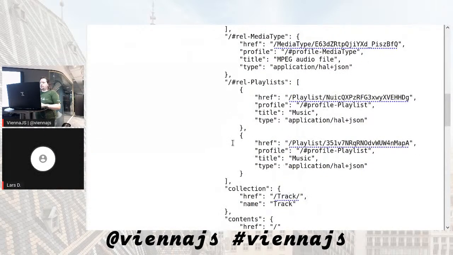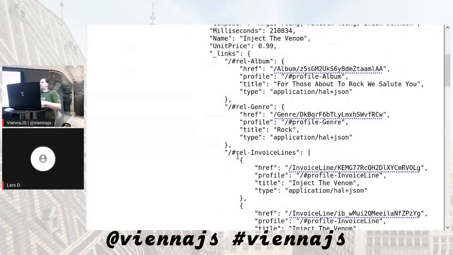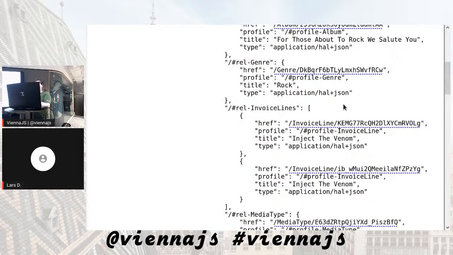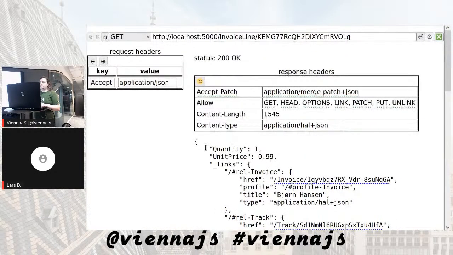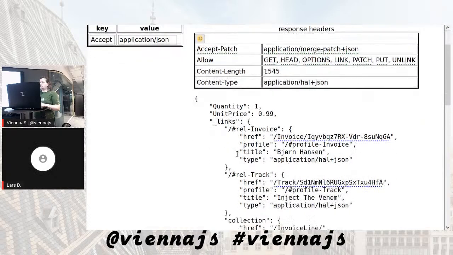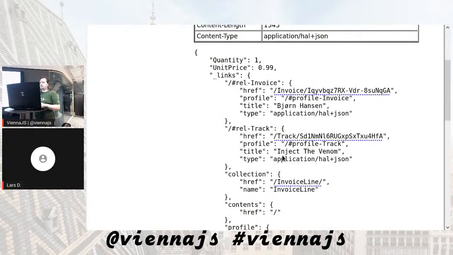Not so interesting. Invoice line represents, if you have an invoice and a bill of a sales bill, it will be one item or position on the invoice. And this was purchased once for this price. Here's the track again. Again, this is a backlink.